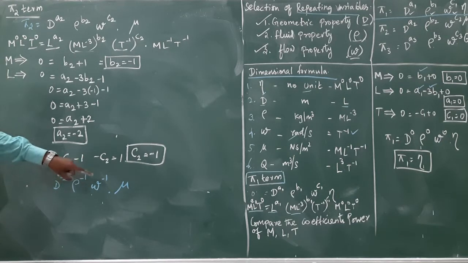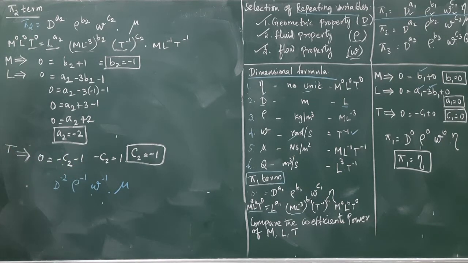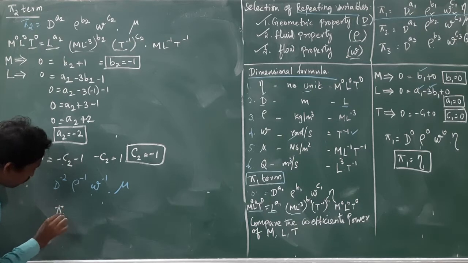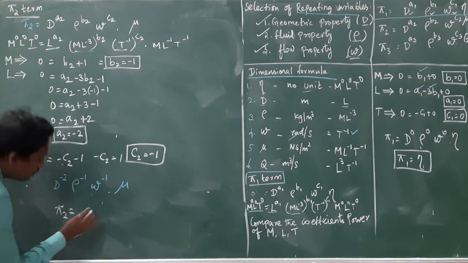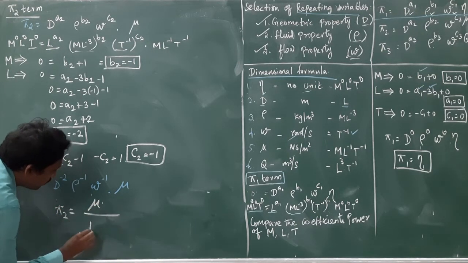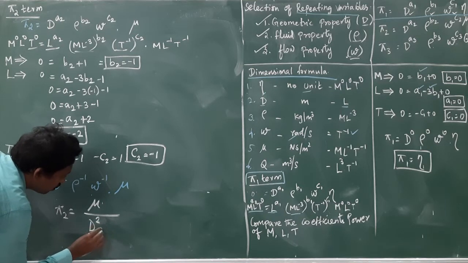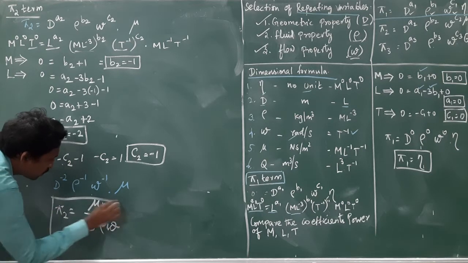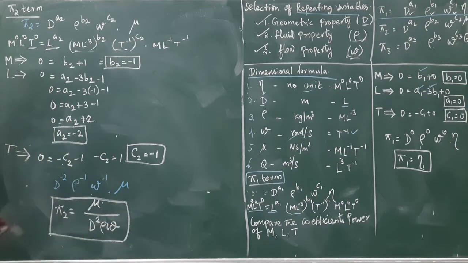Here all the negative powers can be written in the denominator, so pi 2 equal to mu divided by d square rho into omega.